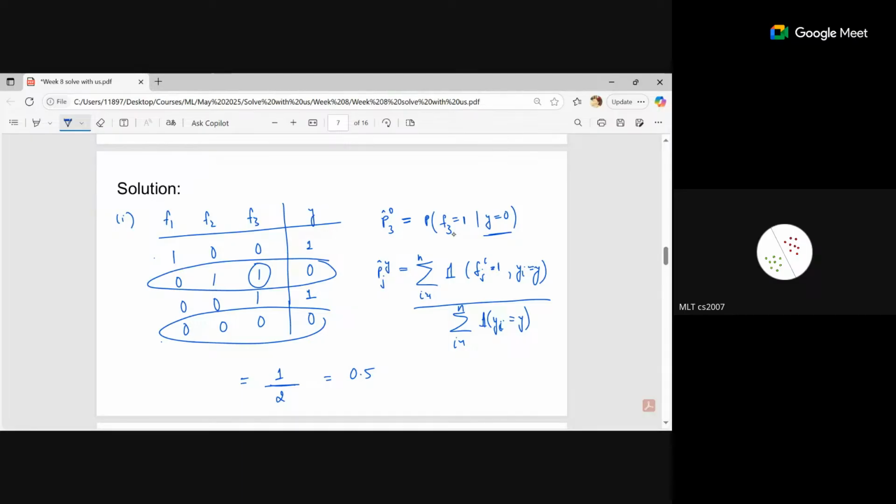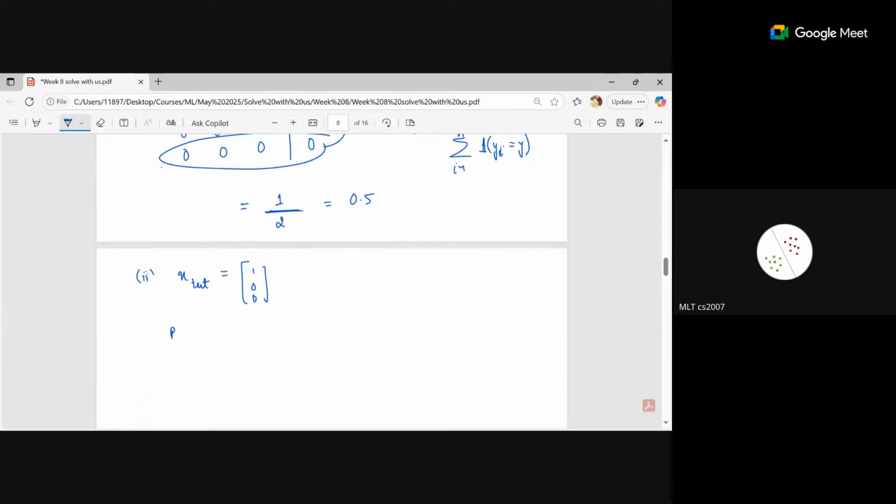In this case, we are interested in f3: probability of f3 equal to 1 given y equal to 0. Out of these two examples, only for one example am I getting f3 equal to 1. So that's why 1 there, and the answer is 1 by 2, which is 0.5.